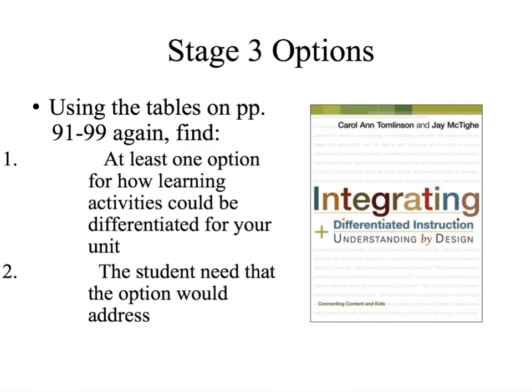So pull out your unit plan and pick any one of your learning activities, and I want you to explain to me the activity that exists there, as well as the learning style you feel that activity addresses. And then I would like you to again use the table to find at least one option for how you could differentiate that activity, and even more importantly, tell me the additional learning style, again in the Myers-Briggs definition, that the new differentiated option addresses.